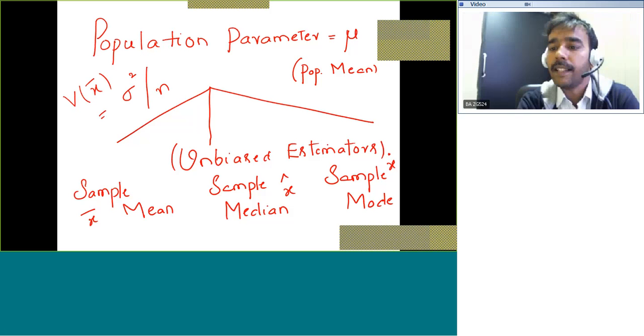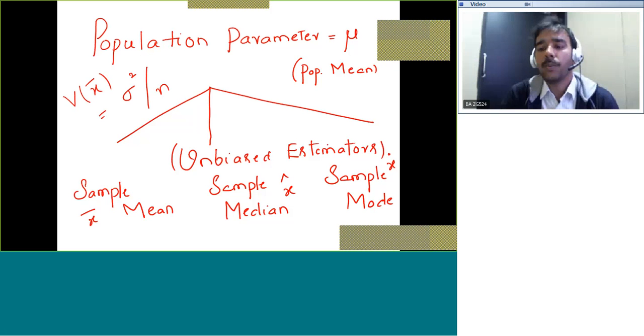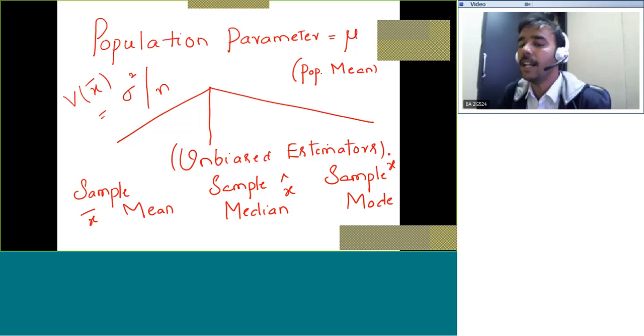So as n tends to infinity, the variance of X bar becomes 0. So we can say a population parameter can have many unbiased estimators, of which only one will have minimum variance. That is known as an efficient estimator.